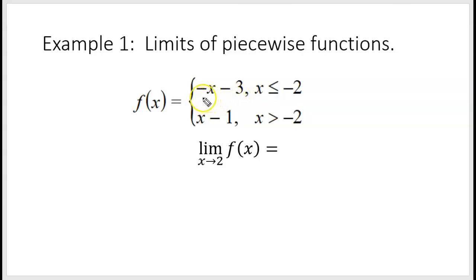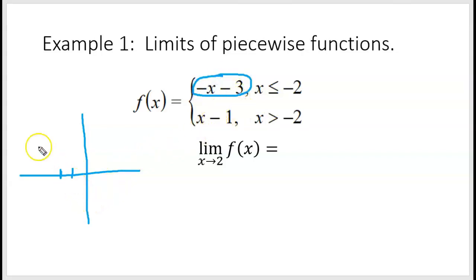We have the function negative x minus 3 for all values of x that are less than negative 2. I'm going to draw a line here where x equals negative 2. The function is negative x minus 3 for all x less than that, so it's going to look something like this. Once we get to x equals negative 2, the function's going to stop.